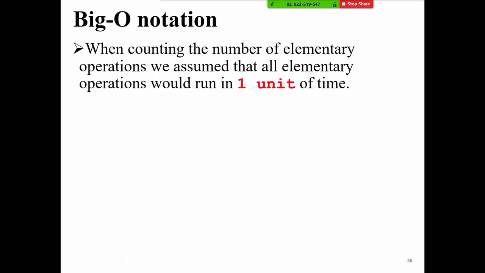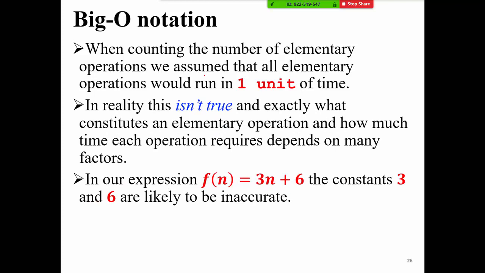So when we count the number of elementary instructions, we assume that every elementary instruction runs in 1 unit of time, as I mentioned. We can say this is not true, because when I run this in real life, it might be milliseconds or microseconds, depending on that.